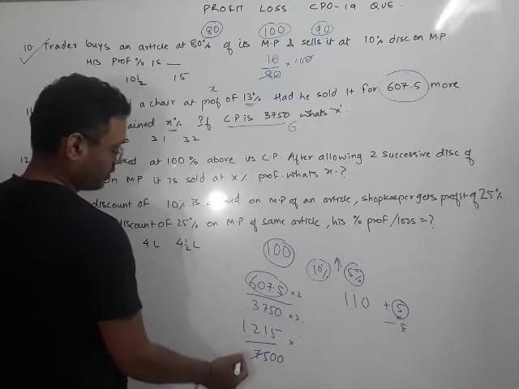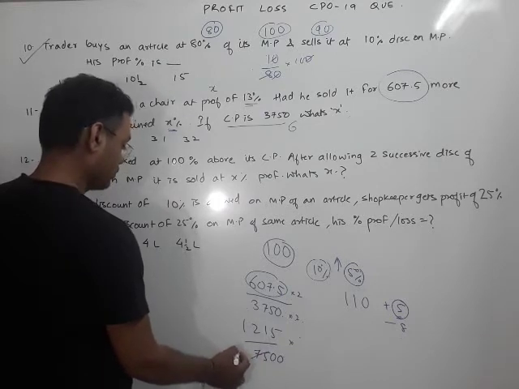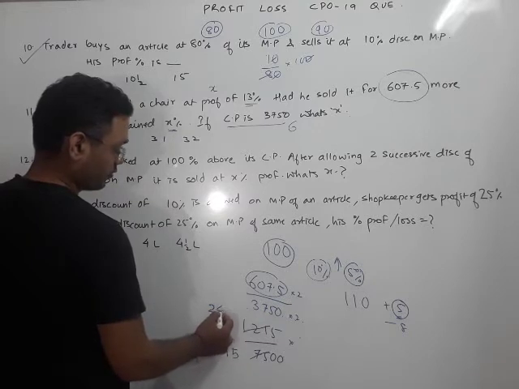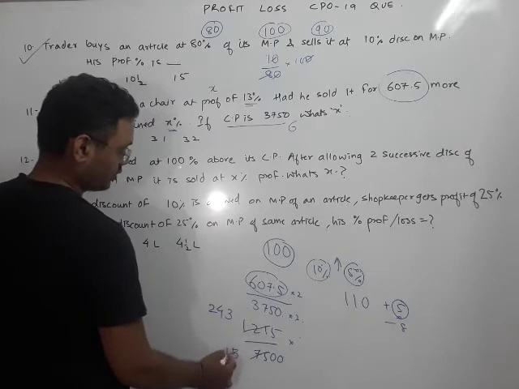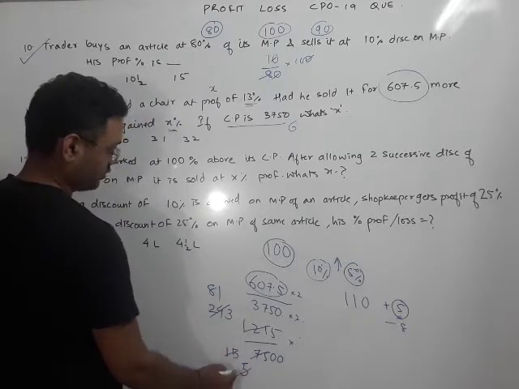Just cancel it out, it will be 5 ones are 5, 5 5s are 25, 5 2s are 10, 5 4s are 20, 5 3s are 15.